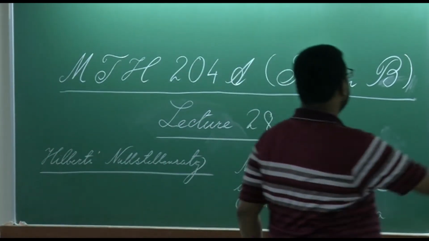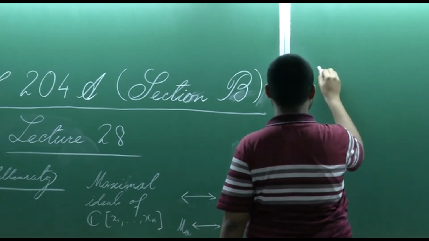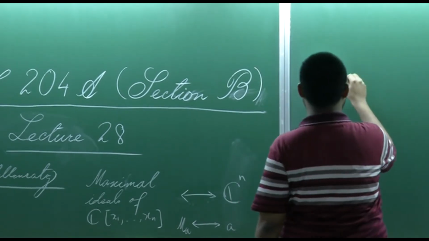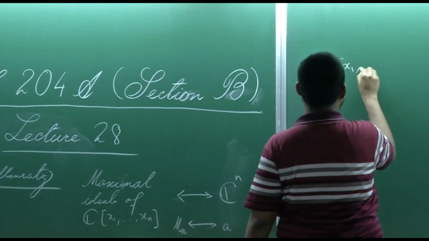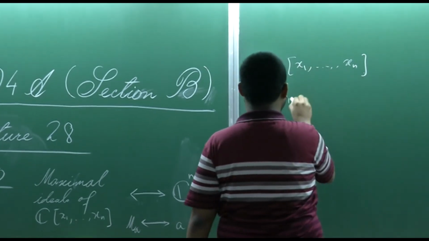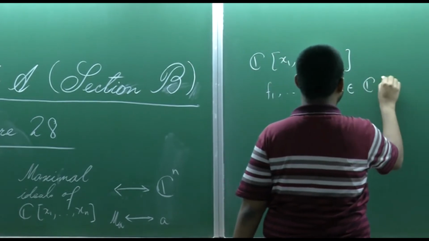Okay. Well, let me give the definition. For simplicity let us keep the field to be C, and we consider the polynomial ring in x1 up to xn. Suppose we have f1 up to fr all belonging to this polynomial ring.